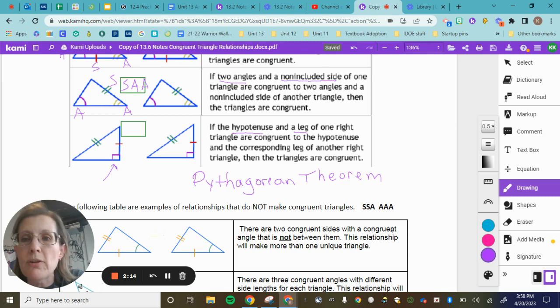So these are right triangles because remember the little square means 90 degrees. So if you're given the hypotenuse, which is the longest side, the side across from the right angle, and you're given a leg, which is one of the sides that makes the right angle, and it's the same as the hypotenuse and the leg of the other one, then those triangles are going to be congruent.